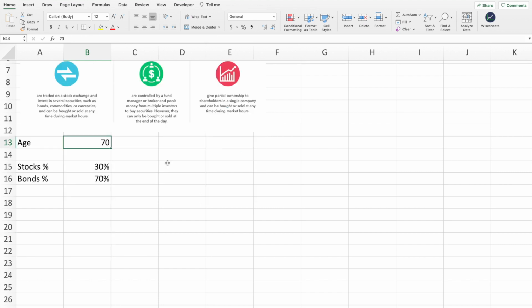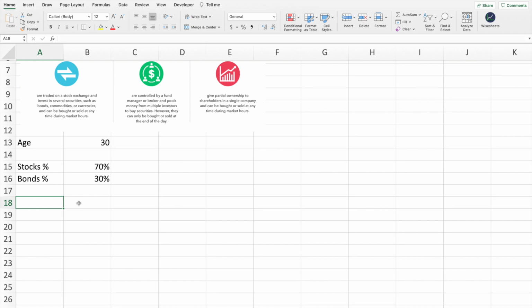Now, let's say that you're a little bit younger, say 30 years old. In this case, a good rule of thumb is 70% in stocks. What you could do here is, let's say that you want to invest $10,000 every year into your 401k plan.